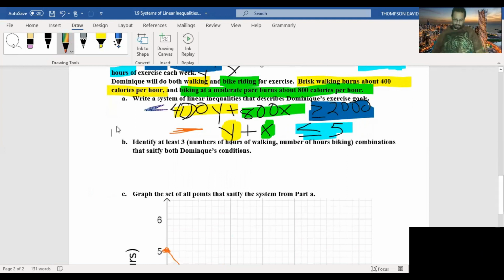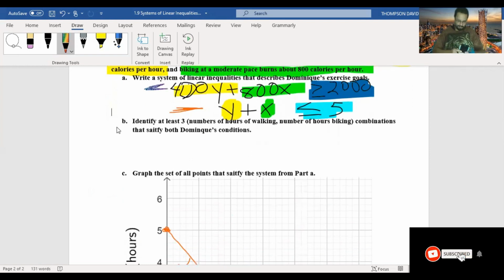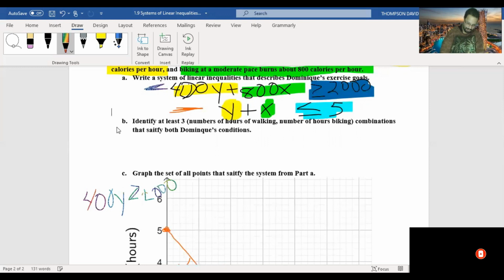First, to get the y-intercept, we're going to use 2,000. Let's do this work on the side. 400y is greater than or equal to 2,000, so we'll divide everything by 400 and get y is greater than or equal to 5.